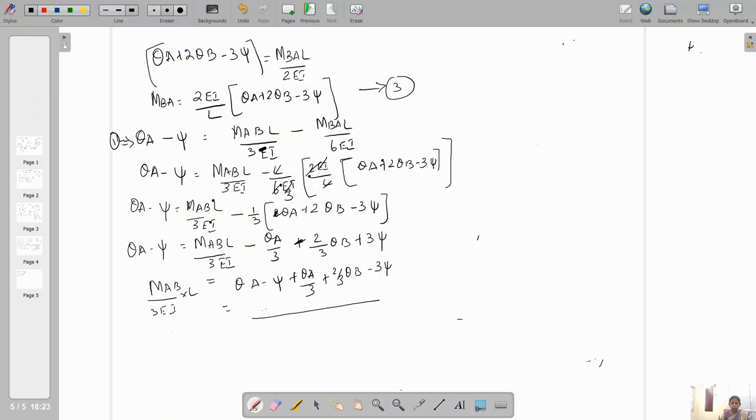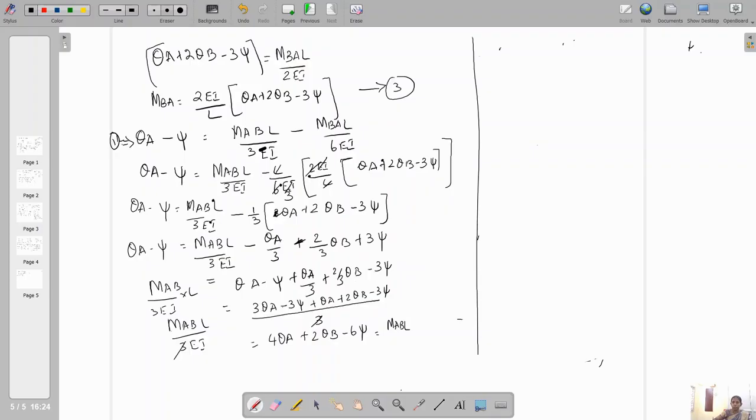So I'm going to take 3 as a common denominator. So 3 theta A minus 3 psi plus theta A plus 2 theta B minus 3 psi. On the left side, MAB L by 3EI. Cancel 3 and 3. So finally, you add theta A 4 times, 4 theta A, theta B 2 times, 2 theta B minus 6 psi, which is equal to MAB into L by EI.